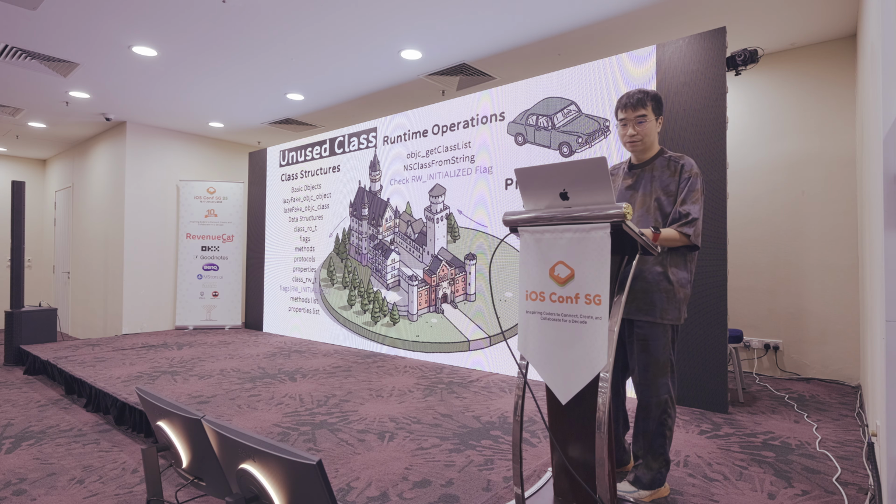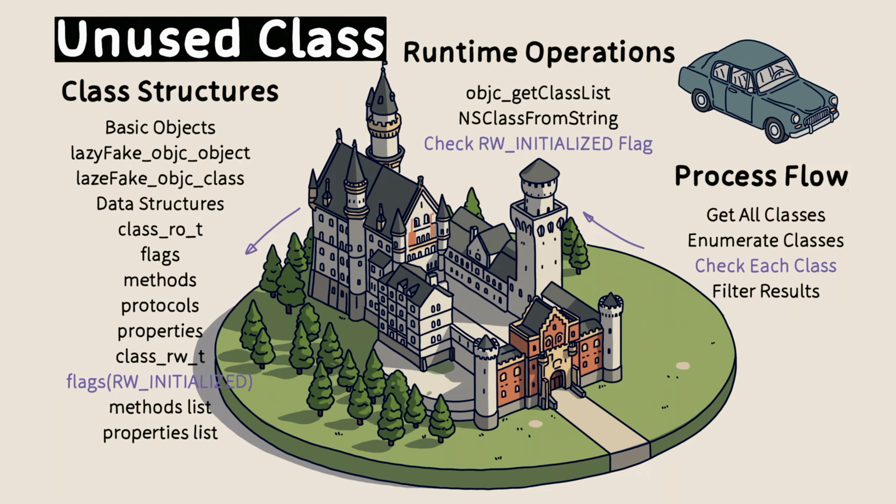We use the getClassList API to get a list of all classes, and NSClassFromString to find the metaclass of each class. The metaclass's flag field, when shifted 29 bits, tells us if the class was initialized during the runtime.